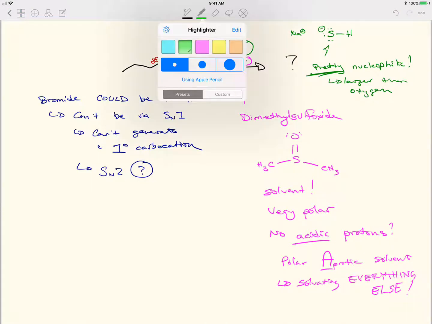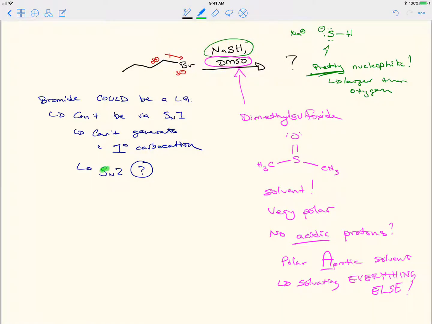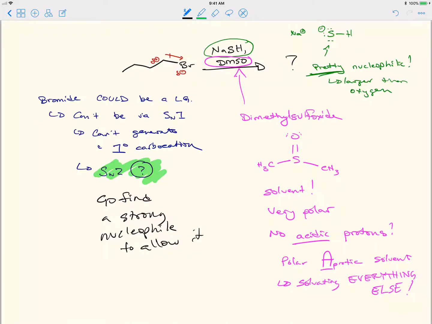But this is telling me, in order to do this, go find a strong nucleophile to allow it. Or I should say, to force it.